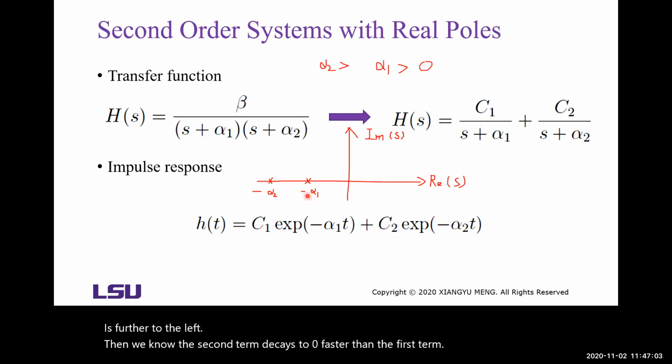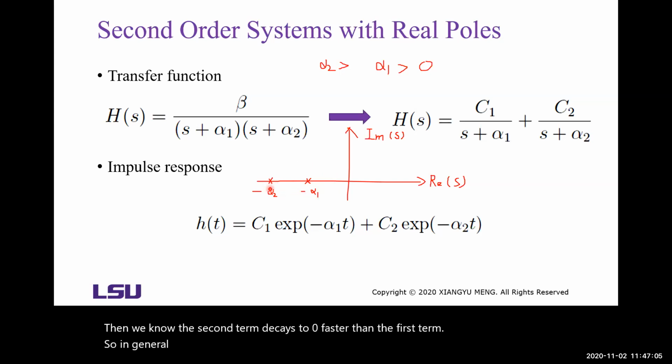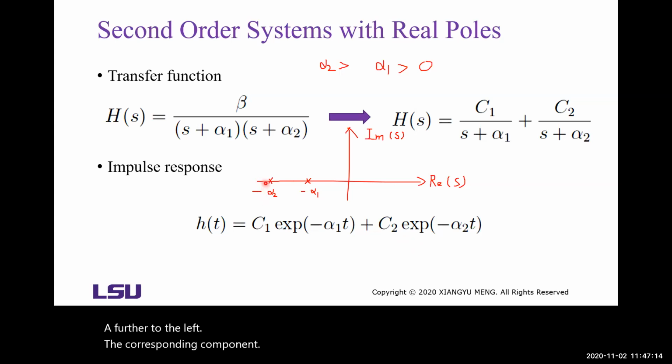So in general, if the poles are further to the left, the corresponding components decay to 0 faster than the poles which are close to the imaginary axis. Then we can call the pole to the left the faster pole.